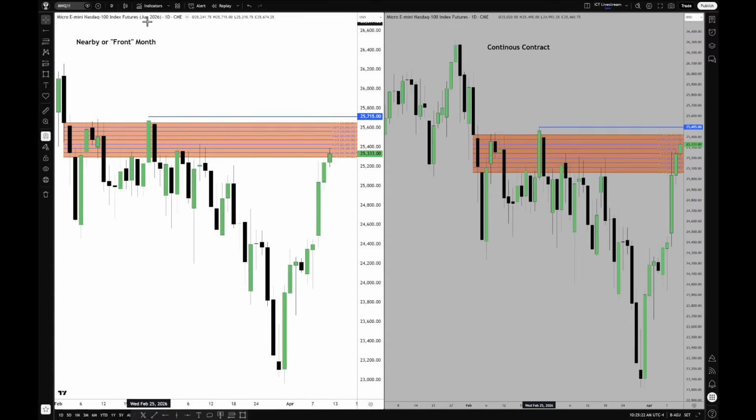The third week of June, this will expire, and then we will roll over into the new front month or nearby. At that time, it'll become the September delivery contract. If you're trading through TradingView and you're trading off of the continuous contract, your broker will most likely be piped into the front month, which would be the June contract over here.